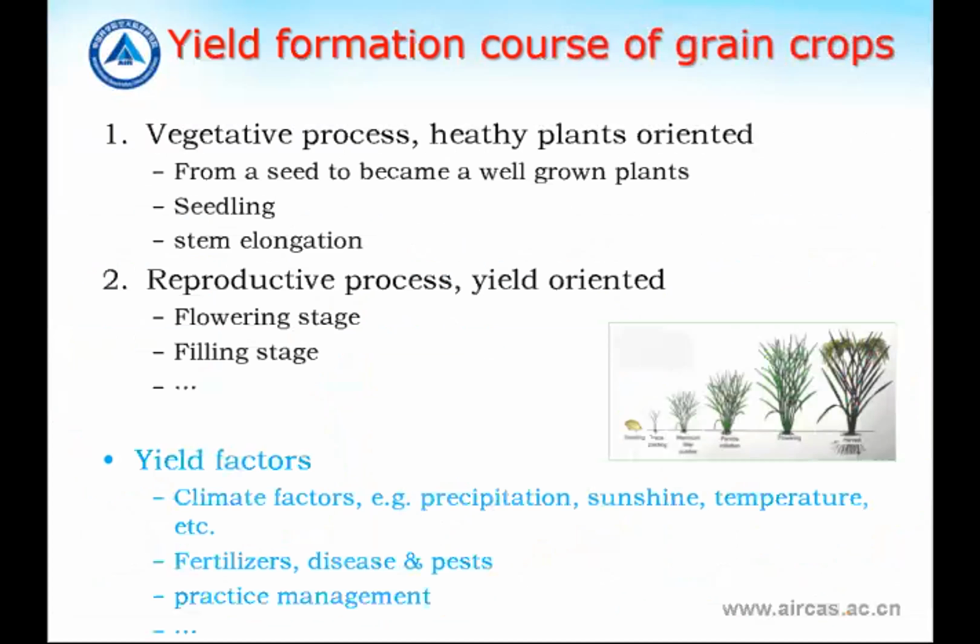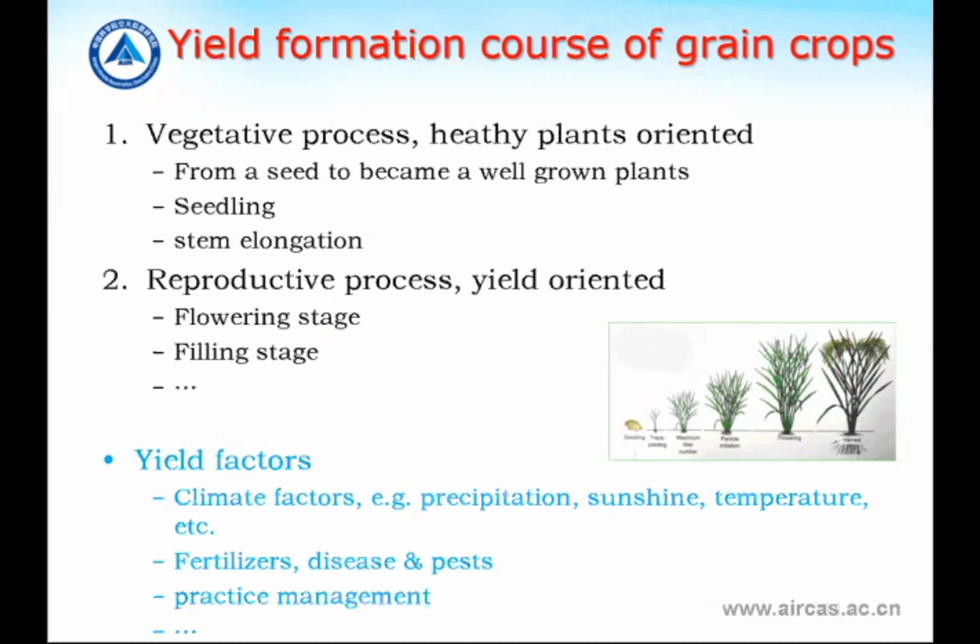Generally, the crop growing process can be divided into the vegetative process and the reproductive process. Okay, the former, the vegetative process, means that the plant grows from a seed to become a well-grown crop plant, aiming to develop a healthy plant.